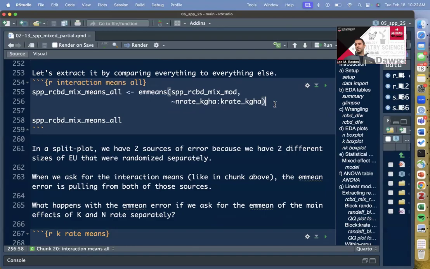Perhaps here is a good point for us to talk a little bit about something. Because nitrogen is nested in potassium rate in the design, it does not mean that that's how you need to break down your interaction here. It does not mean you need to do this. You can still do everything at the same level. It's just that the error that's going to be pooled for different ways you make comparisons is going to be different.